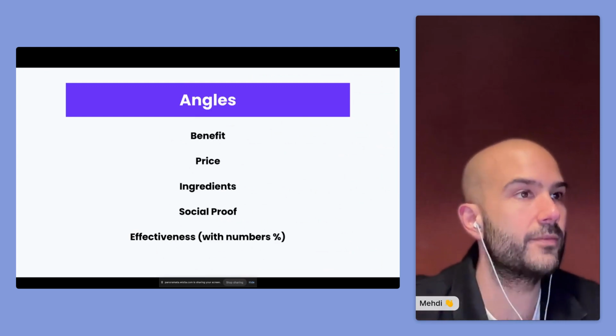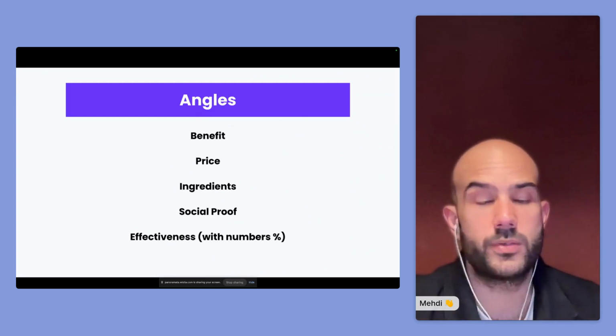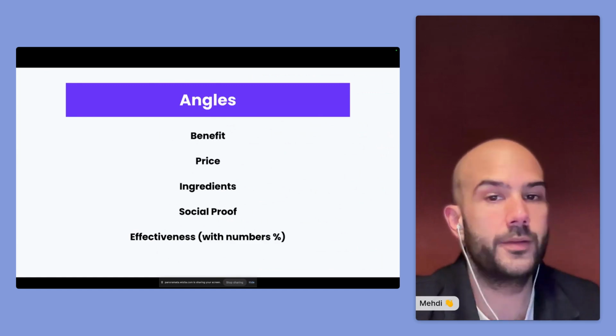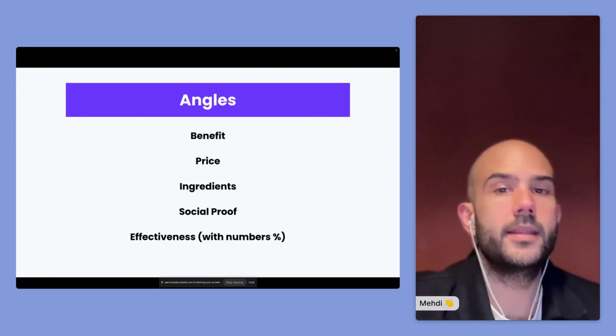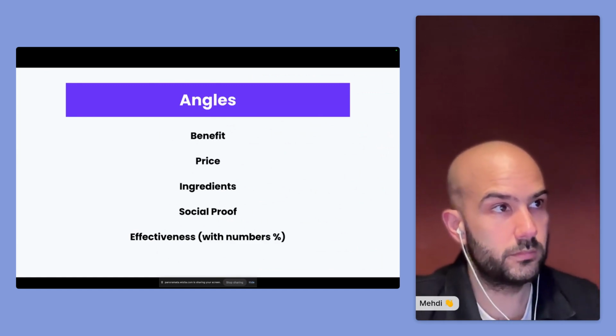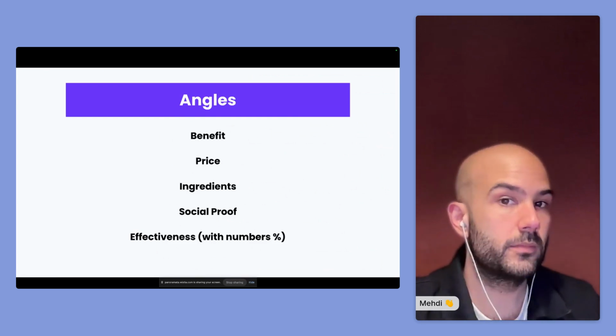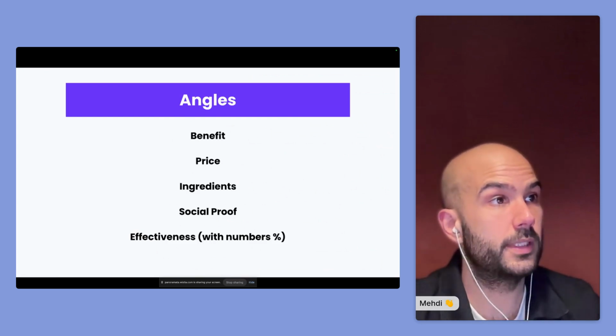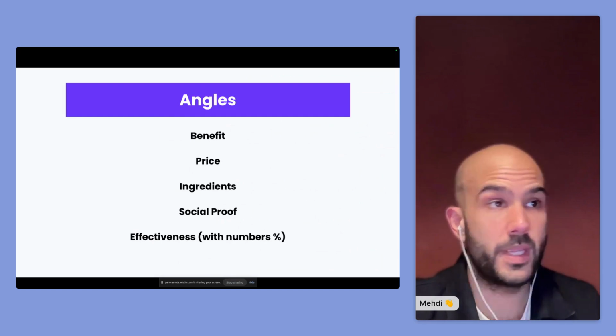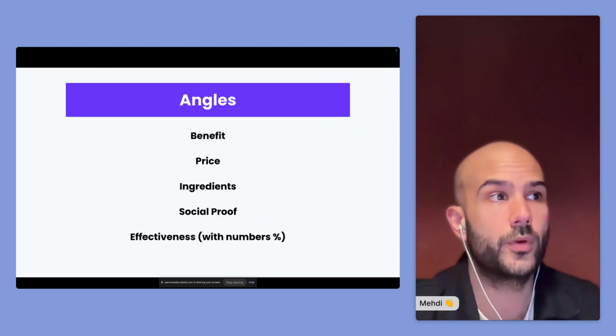So basically, you can have a trigger that starts with, as we've said together, fear, fun, social proof, and then the angle is going to be how you would convey your offer. And if you see that there's a huge drop, then you know that you might change your angle. Maybe the benefit one is not the right one and you should focus on the price.